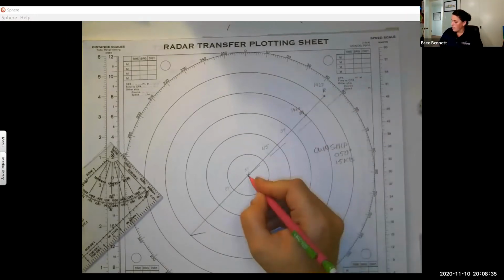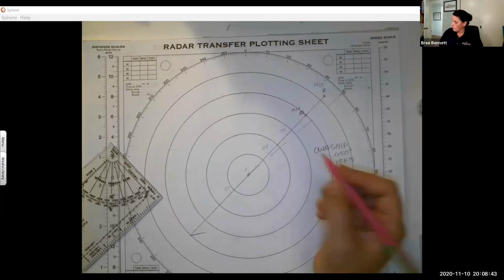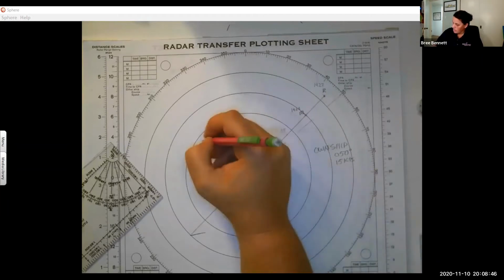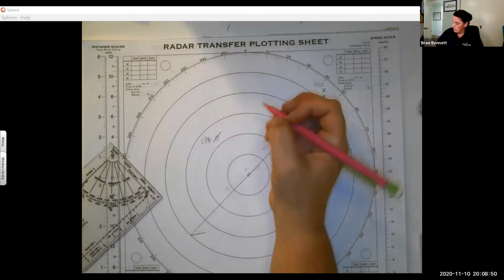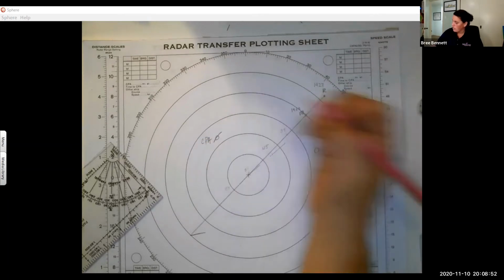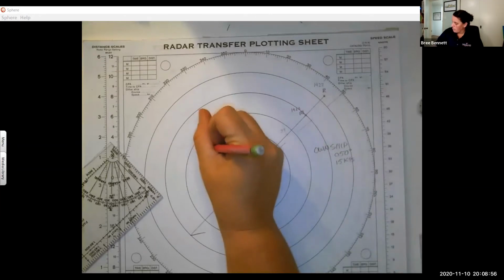So our CPA would be just past 51, maybe even call it 51, but just past 51. So I'd say our CPA is 0, meaning collision, at 1952.